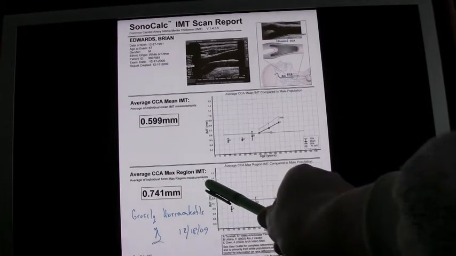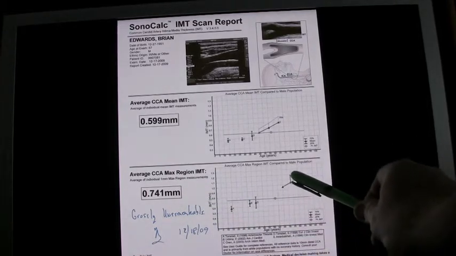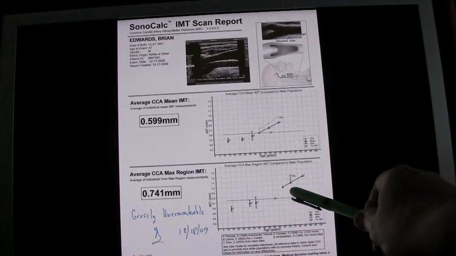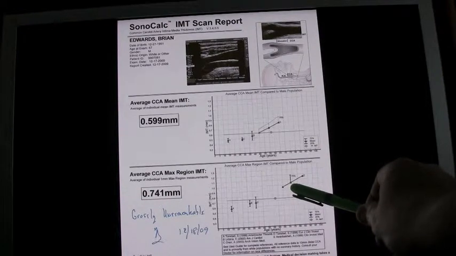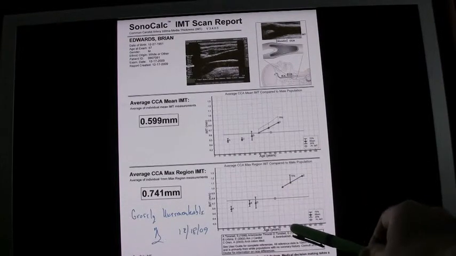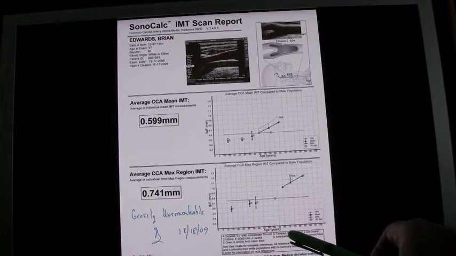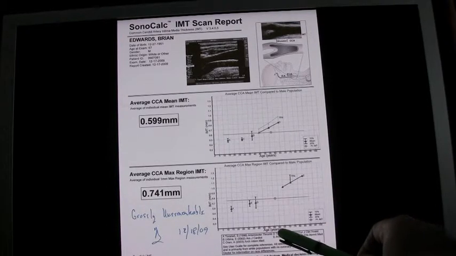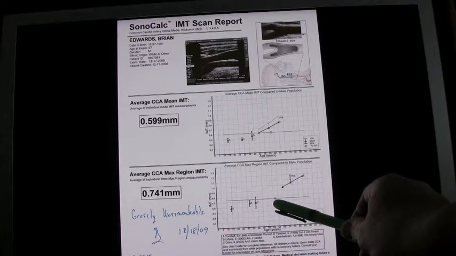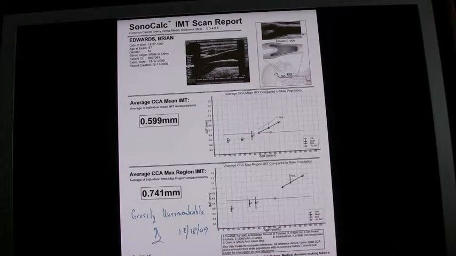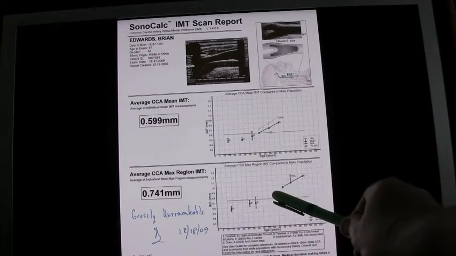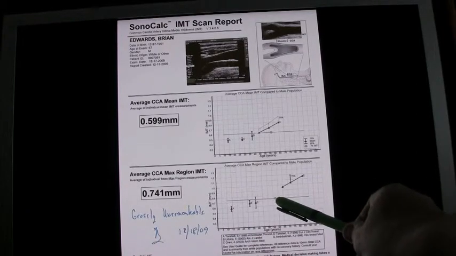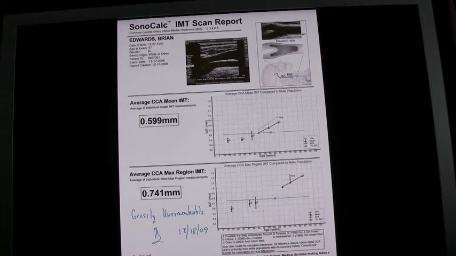Again, for my maximum thickness, again, I appear to be low. My age group is 58, which is right about here, and there I am, and I'm way below the average. If you were to take this line across, and then the difference between here and here, I'm below the 75 percentile.